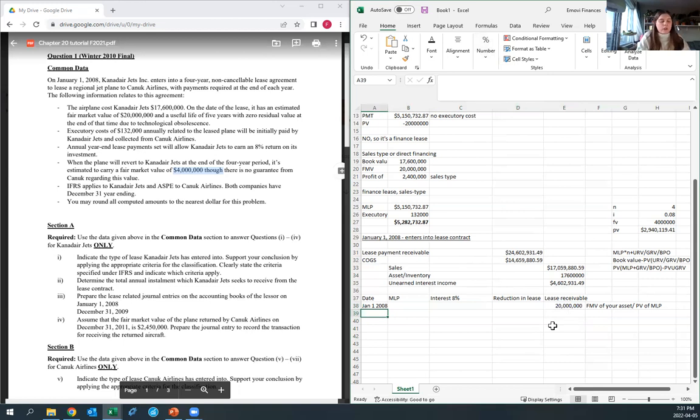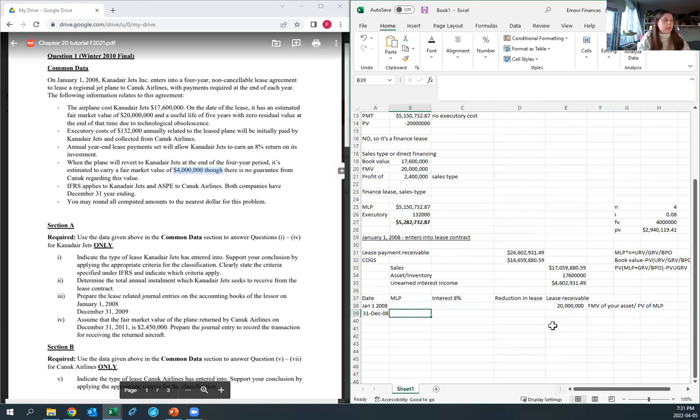Then on December 31st, 2008, you're going to receive your first payment from the lessee. And we're only looking at the lease, so we're going to exclude any executory costs. That payment amount is the 5.1 million that we found earlier. We're going to calculate an interest of 8%, no sorry, an 8% on my 20 million here, just like we did interest expense a lot of weeks ago, which is going to be a reduction in the lease of the difference of the 2, so 3.5 million.